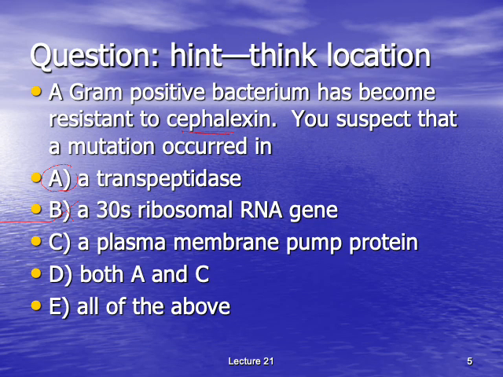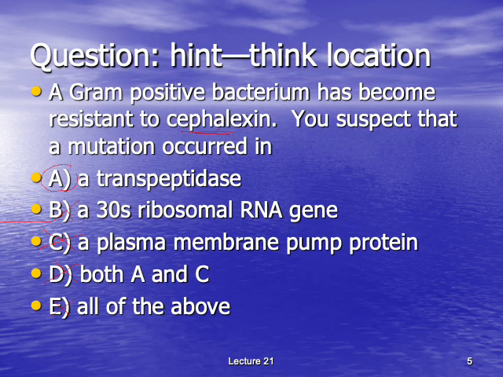But folks, remember, cephalexins are effective outside the plasma membrane. Their target is that area of cell wall synthesis outside the plasma membrane. So a plasma membrane pump wouldn't have anything to do with it. So that's not right. So the answer is A, transpeptidase.